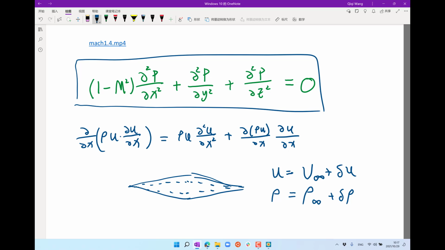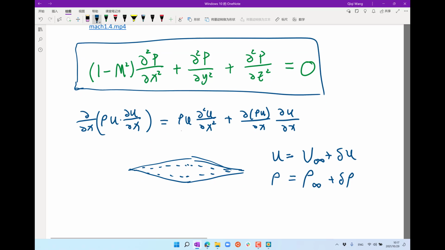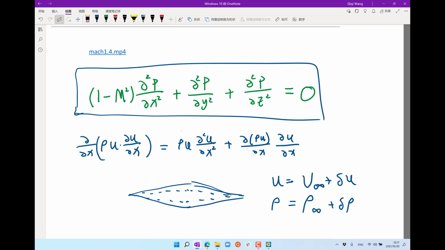That's where we have supersonic flow. For example, the front of the airplane would not even sense the presence of the airplane, right? That's reflected in this hyperbolic PDE. And today we are going to go from very simple scenarios and give you some intuitive sense of how the solution behaves.